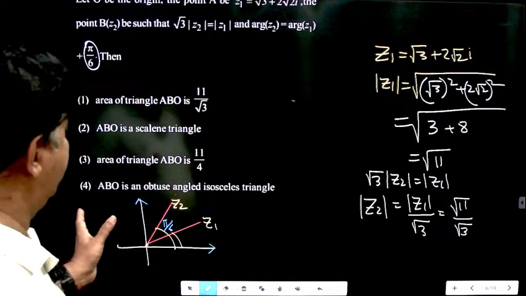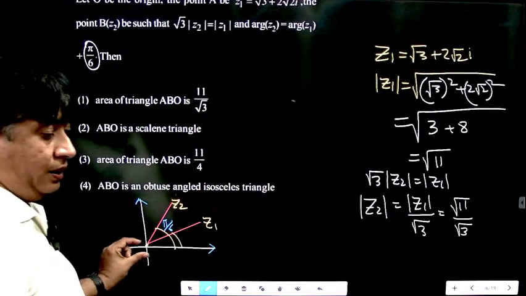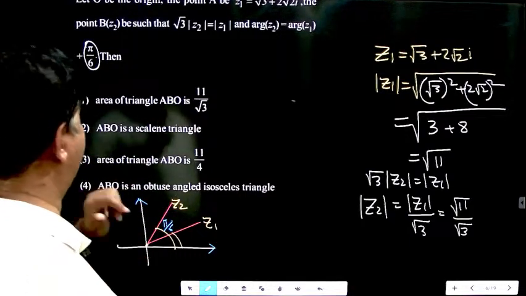So between Z2 and Z1, the angle is pi by 6.